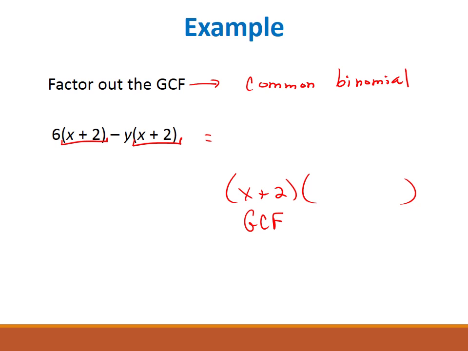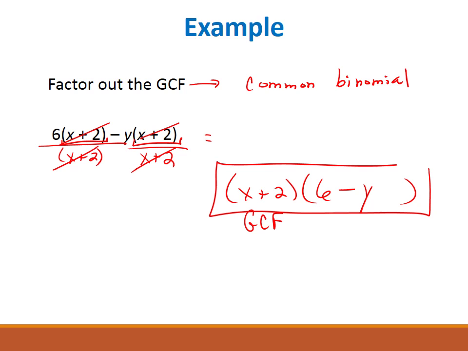Go ahead and keep it in parentheses. Then you proceed with your factoring. Now remember, factoring is just like dividing, so it's like we are dividing both the front and back half of this polynomial by x plus 2. When you do your factoring or your dividing, that would only leave 6 minus y. That would be your final answer.